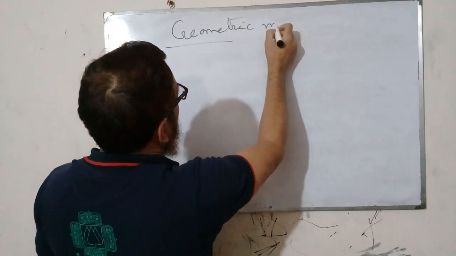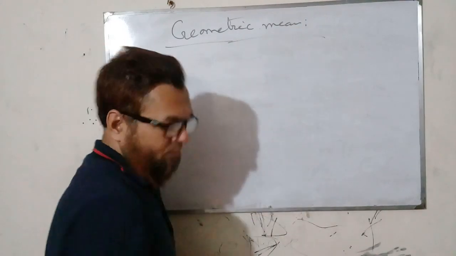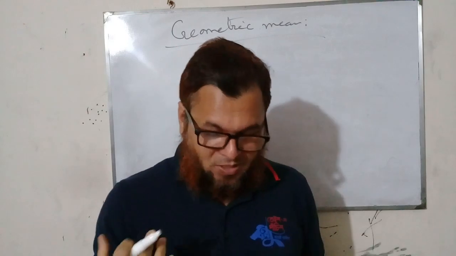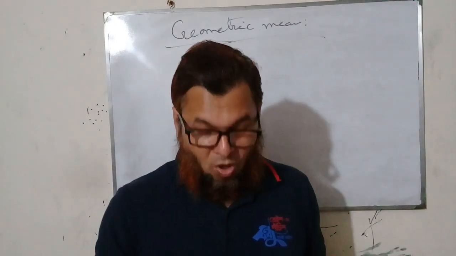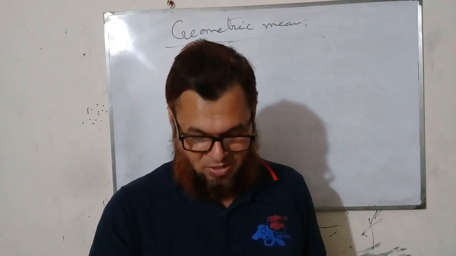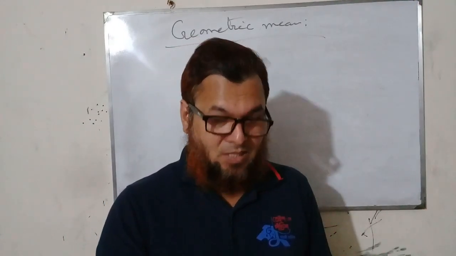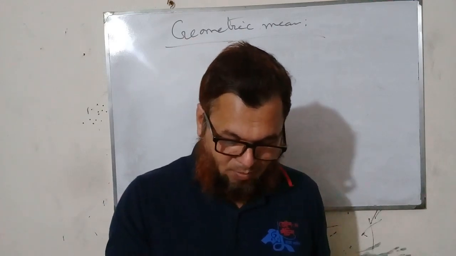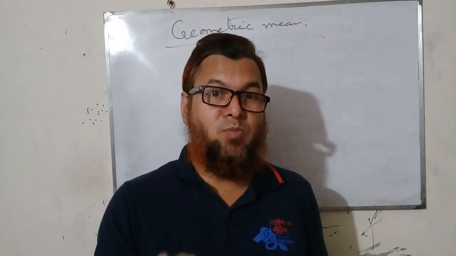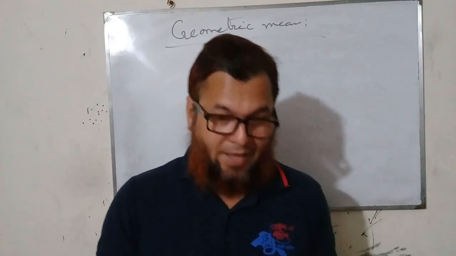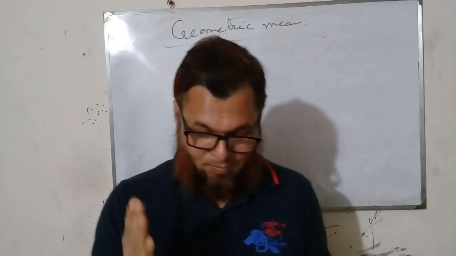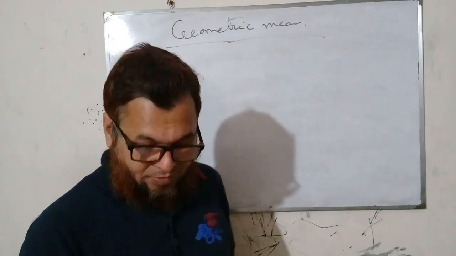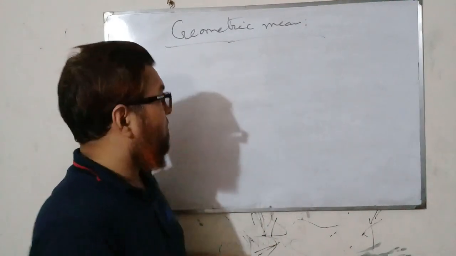Geometric mean. The geometric mean G of n non-zero positive values x1, x2, up to xn is defined as the nth positive root of the product of the values.